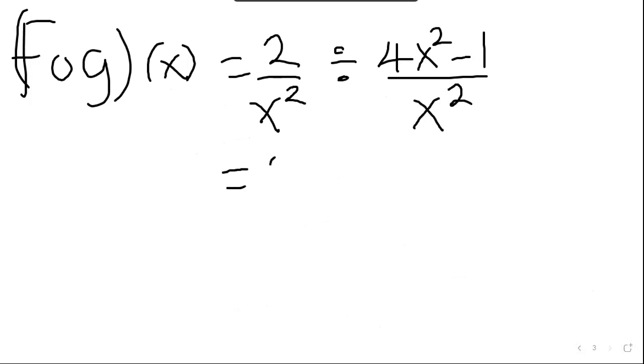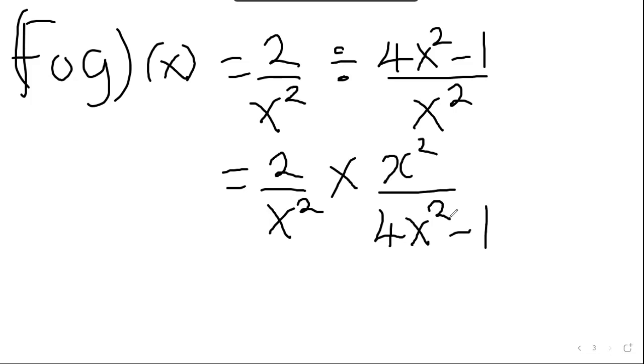This is equal to 2 over x squared multiplied by, this is going to reciprocate, and you're getting x squared over 4x squared minus 1 like this. So this x squared and this x squared automatically cancel, and you're going to remain with 2 over 4x squared minus 1.